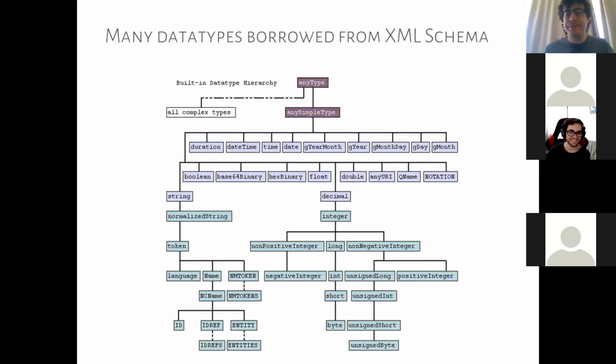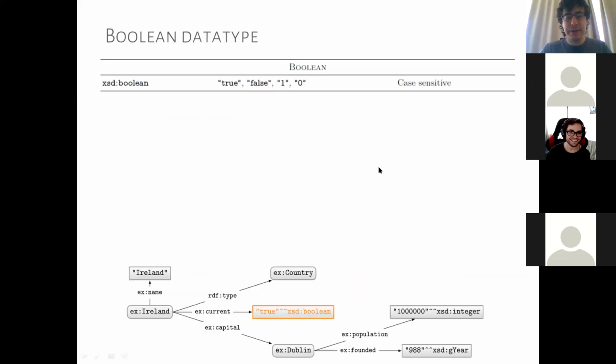So, data types. Many of the data types are borrowed from XML schema. We have a lot of types. I'm not going to get into them in detail, but there are essentially four categories we could consider.